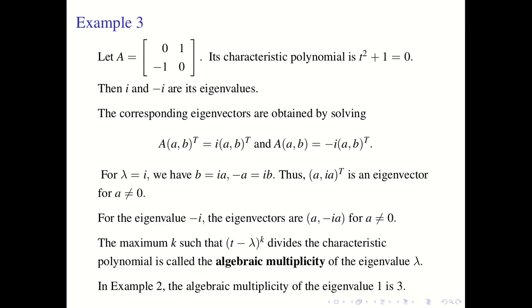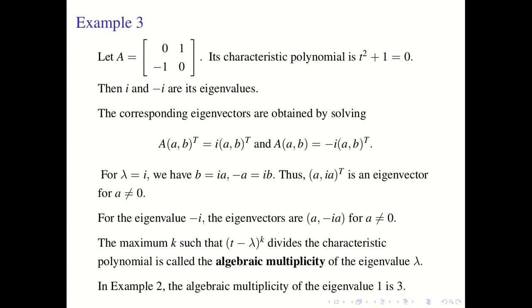Solve the system of equations A times (a, b) is equal to i times (a, b), and A times (a, b) is equal to minus i times (a, b).